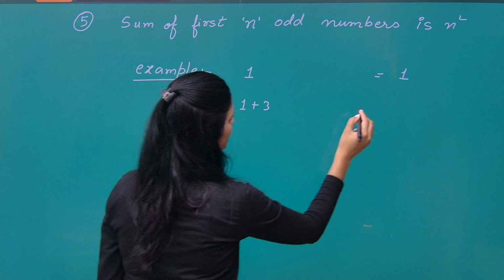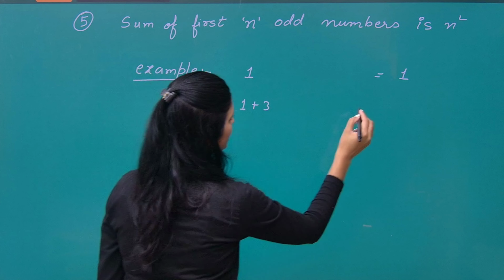Now, let's repeat this for one more row. 1 plus 3 plus 5 plus 7 gives us 16, which is equal to 4 whole square. Now, can you understand the pattern? Can you analyze the pattern? So, the sum of the first one odd number is equal to 1 whole square. The sum of the first two odd numbers is equal to 2 whole square.